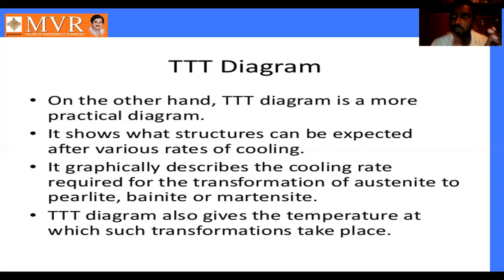At 0 degrees there is no time, at 100 degrees about 50 seconds, at 200 degrees centigrade 1 minute, then 300 degrees, 3 minutes, 4 minutes. When the temperature increases, time also increases and the transformation also changes like this. This we call the time temperature transformation diagram.